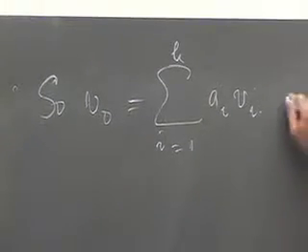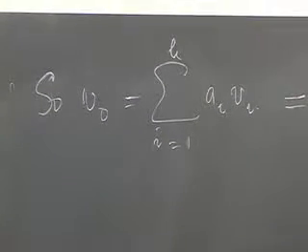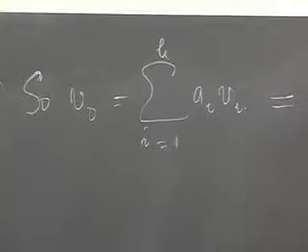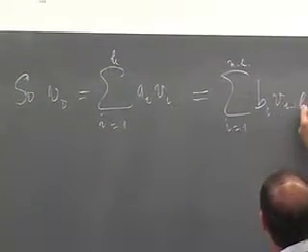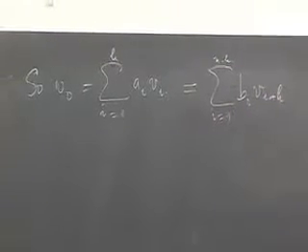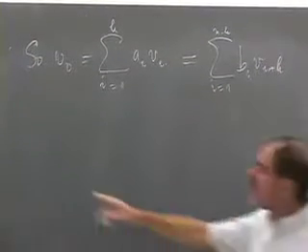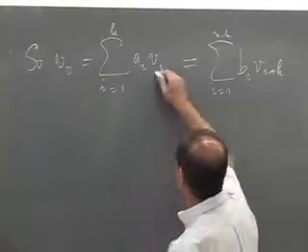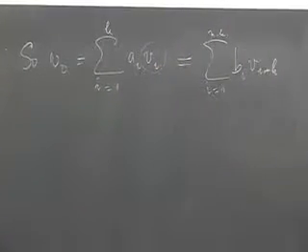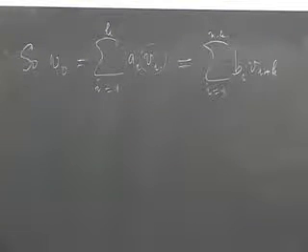But on the other hand, it's also the summation from i equals 1 to n minus k of b_i v_{i+k}, because this was the definition of v0. This follows because it's in the kernel, and the first k elements in our basis of V give a basis of the kernel, so we can express it.